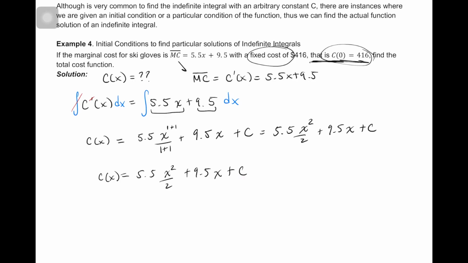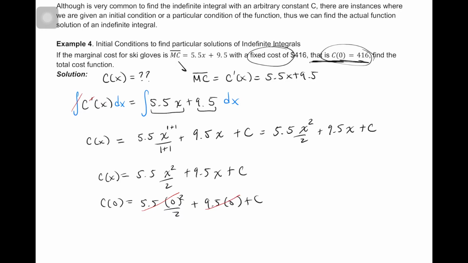Since fixed cost is C of 0, let's use that to help us find C. Wherever we see an x, we replace it with 0. So C of 0 is 5.5 times 0 squared over 2 plus 9.5 times 0 plus C. As expected, 0 squared over 2 is 0 times 5.5 is 0, and 9.5 times 0 is 0.